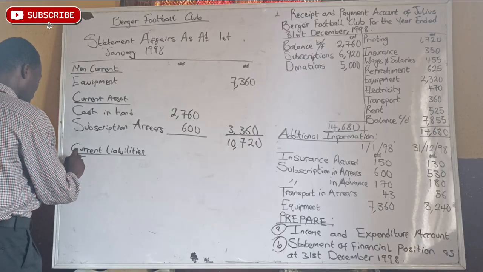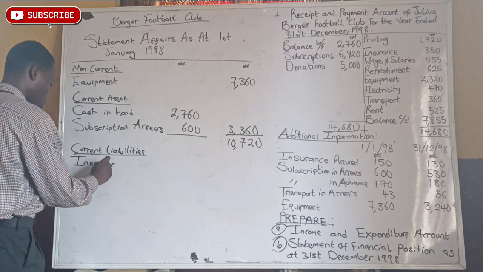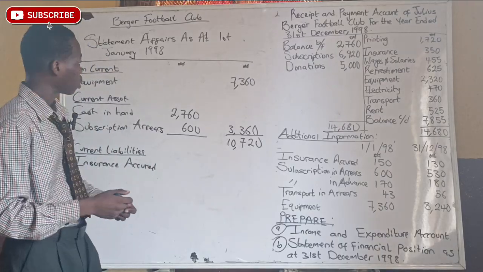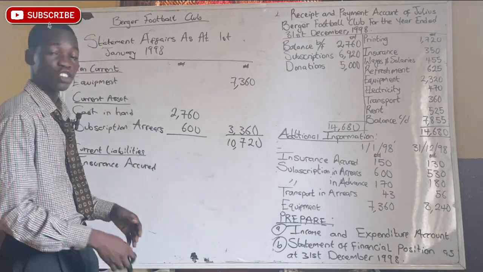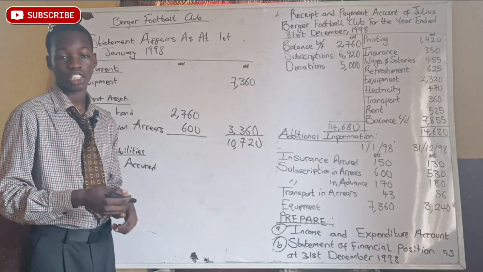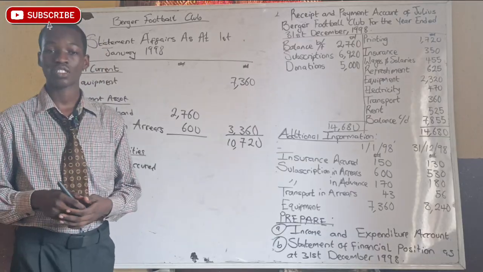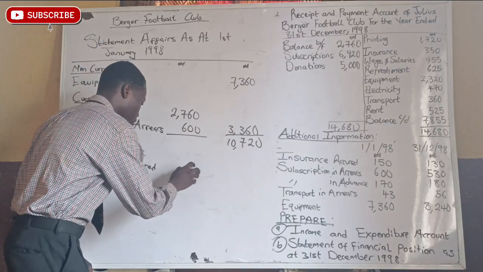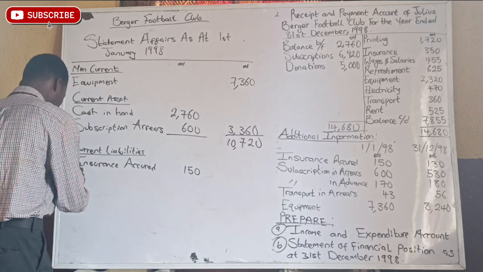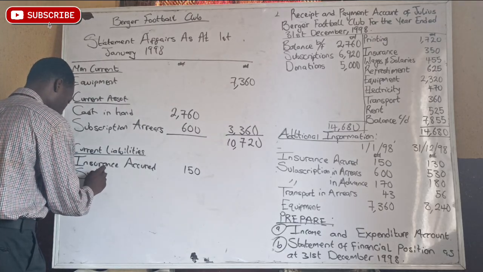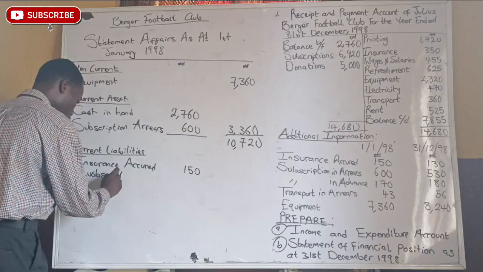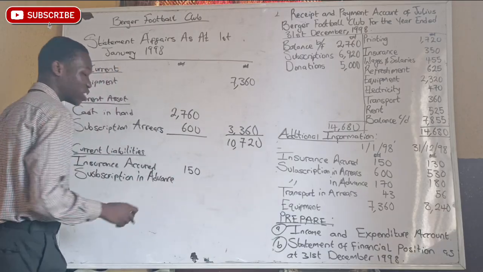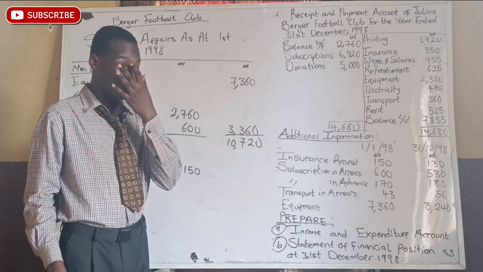For the current liability, we are starting with insurance accrued. This is for the club. The club is yet to pay and is still owing this, so we have an obligation to pay, an obligation we simply refer to as liabilities. That is 150 at the beginning. Then we have subscription in advance. That is also a current liability, because this amount has been paid.